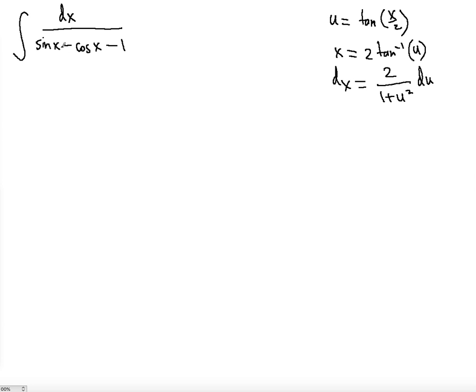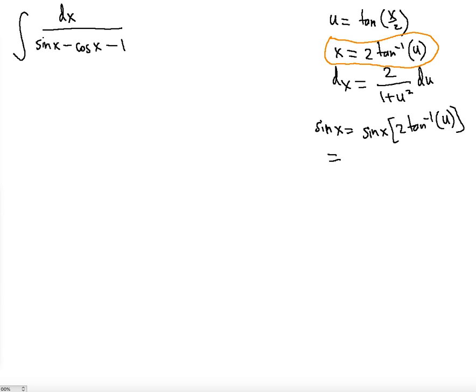So now we need sine x and cosine x. So sine x, using this equation here that we used for dx, we're going to use it for sine x. Sine on both sides. Sine of twice the arctangent of u.